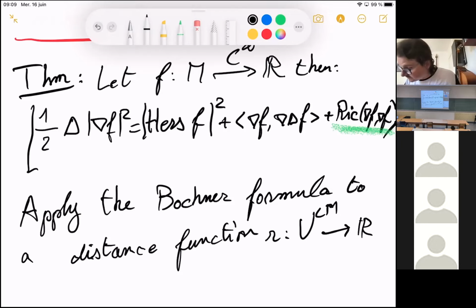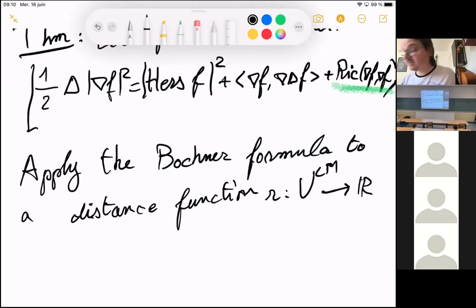I should be clear that my Laplacian is the so-called analyst Laplacian, which has negative eigenvalues and is just the sum of the second derivatives in every direction in Rn. I know there are competing conventions, so we have to be careful with that.